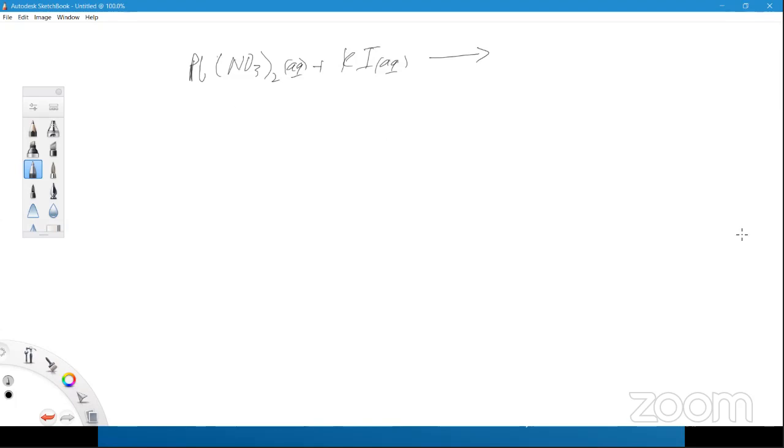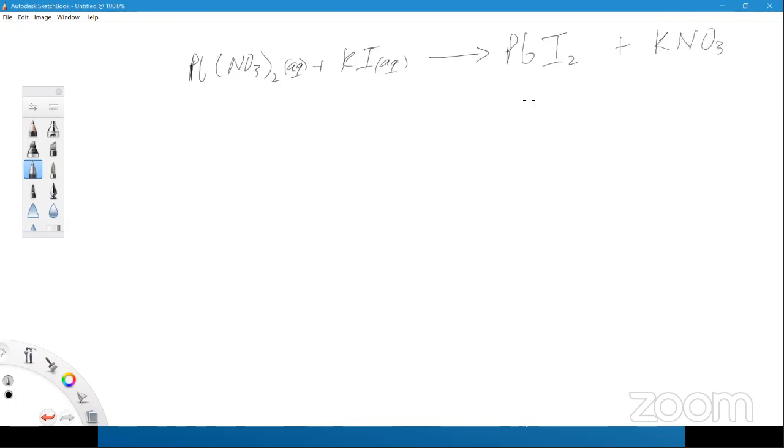And if you remember from your introductory chemistry, there will be a switching of partners. So the lead will come together with the iodide to form lead 2 iodide, and the potassium will come together with the nitrate to form potassium nitrate.